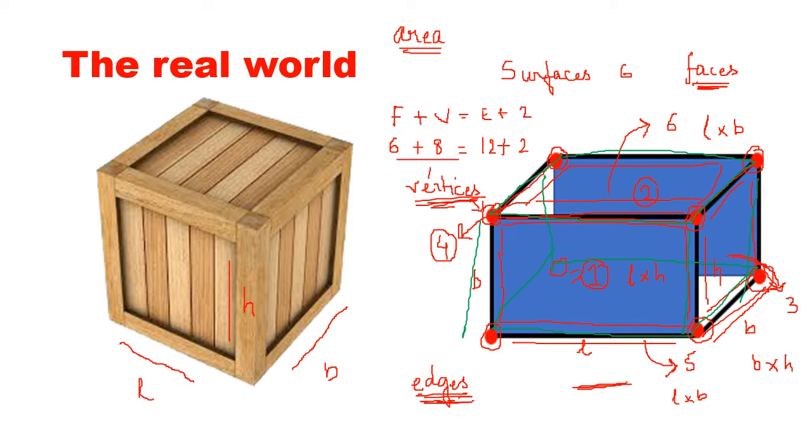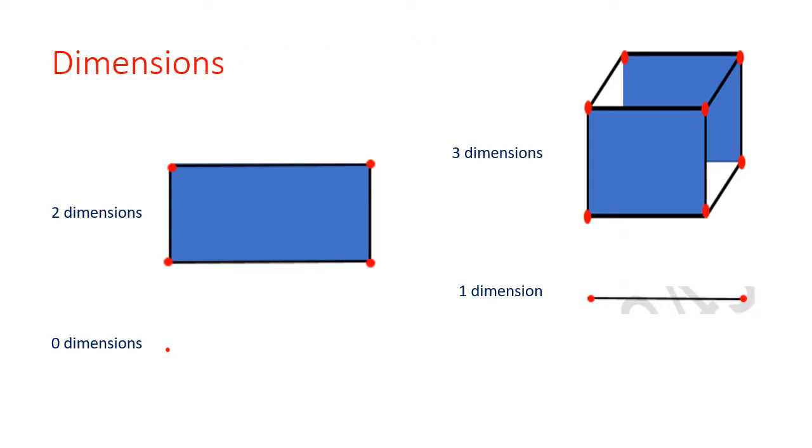So 6 plus 8 is 14 and 12 plus 2 is 14. So this formula we did in the previous lecture. Now what we are going to see is to find the surface area of these figures. So we'll just recall what we have just done.